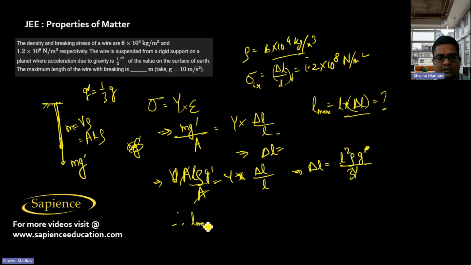Therefore, the maximum length of the wire with breaking, that is L plus delta L.